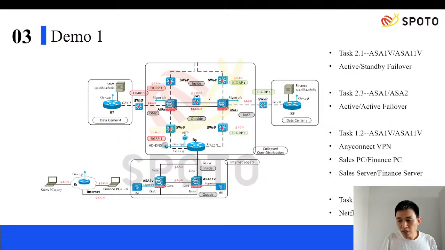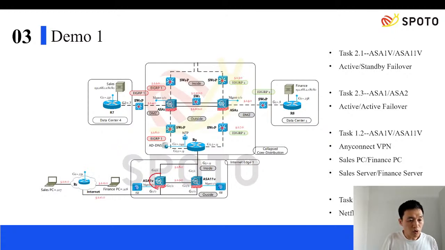That is very easy. And then we come to task 2.3, also belonging to domain 1, which is asking you to deploy an active failover between physical ASA1 and physical ASA2.